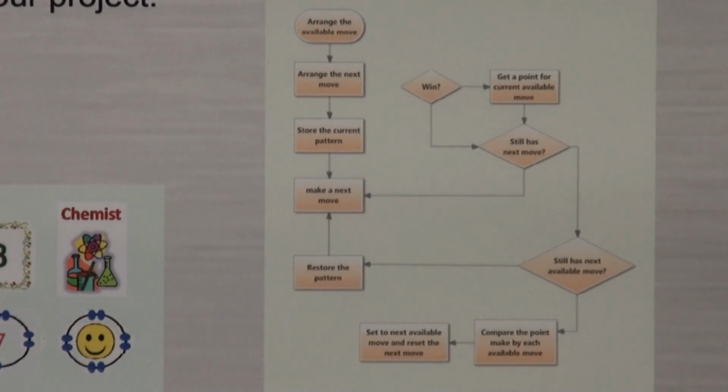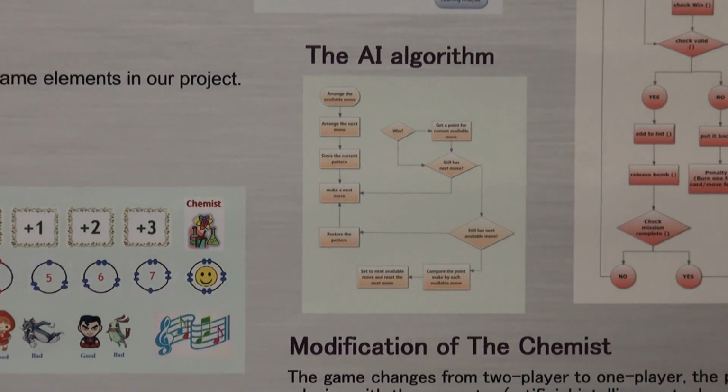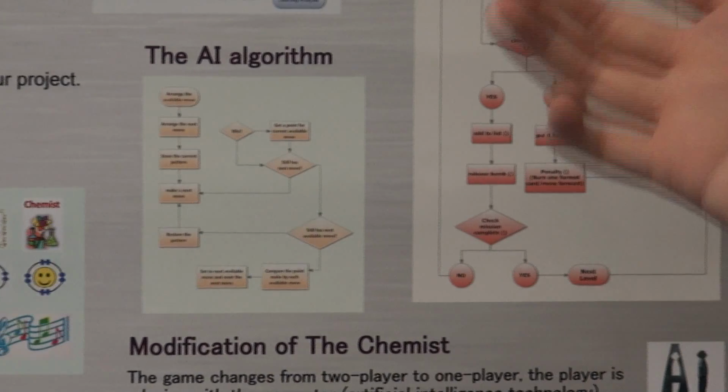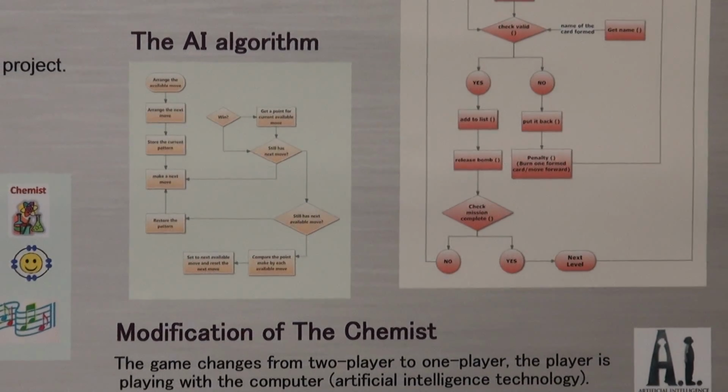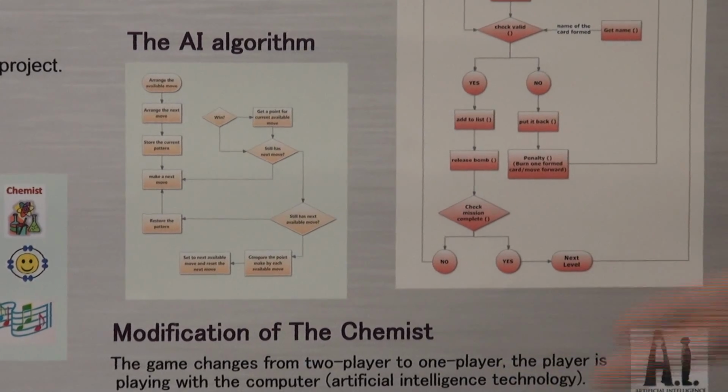Then the player will finish the game, and the marks will also be recorded by the database in Moodle. And we use AI because AI is regarded as very smart, and students will want to win against it. So students will try to play and learn the concepts in order to win against the computer.